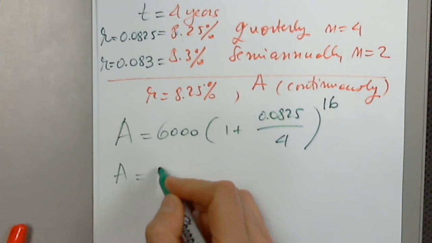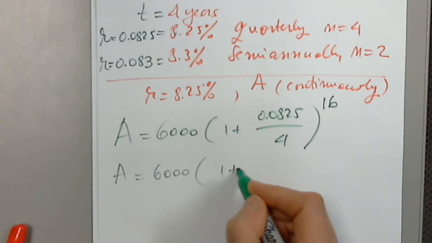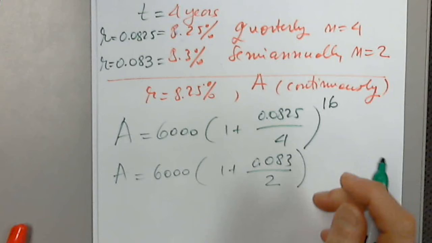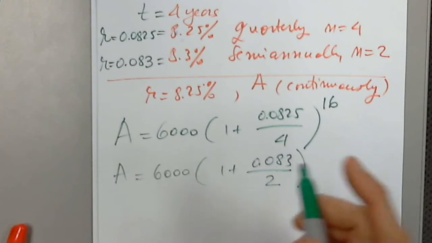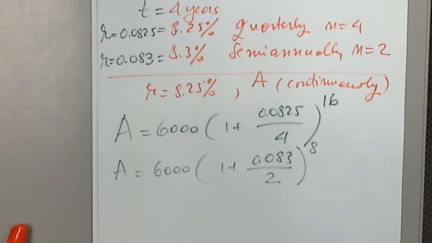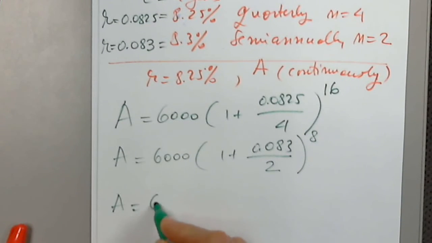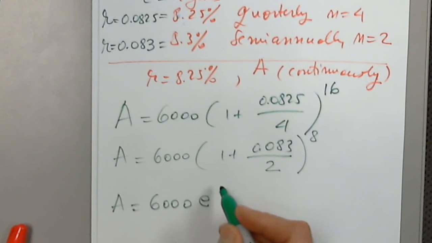The second possibility is 6,000, 1 plus 0.083 divided by 2, and everything raised to 2 times 4, which is 8. And the third one, which will not be compared to these, is 6,000 times e to 0.0825 times 4.